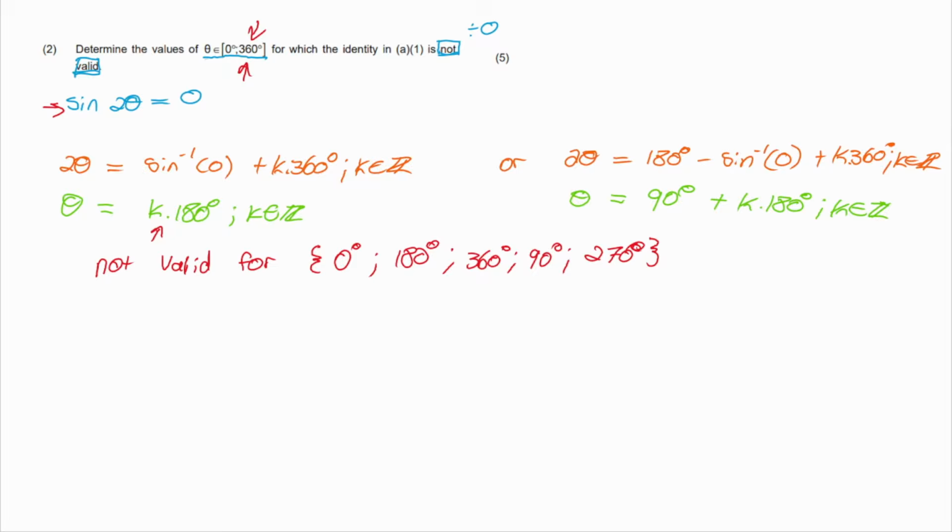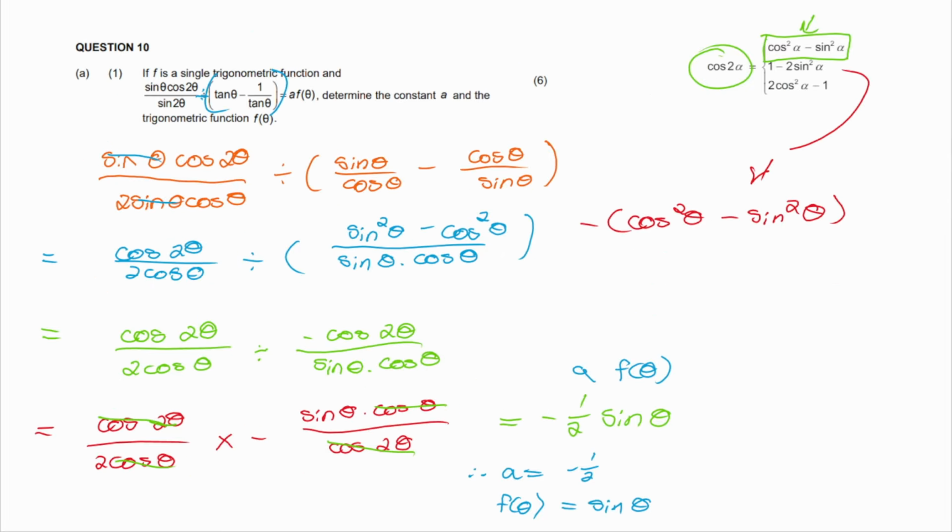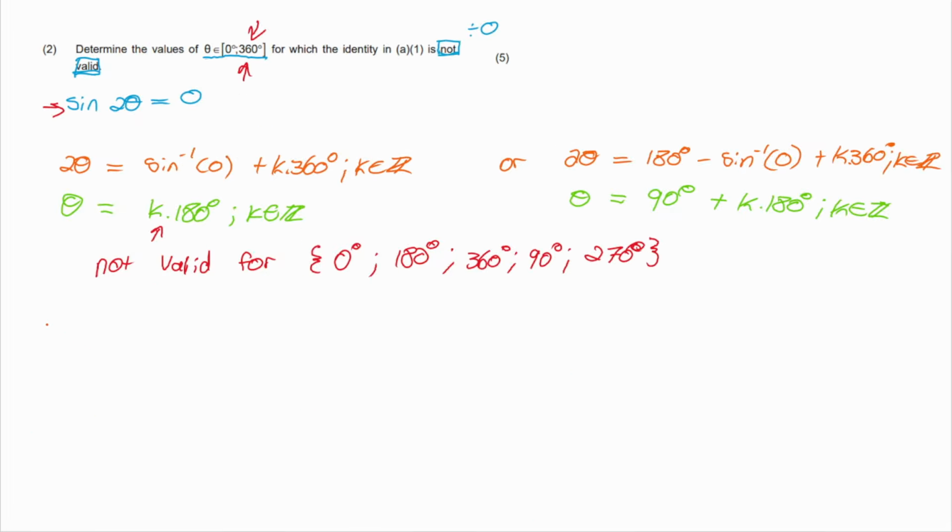Okay, but we also need to check this part again. We need to be checking where tan theta minus 1 over tan theta is equal to 0. Okay, so I can just multiply by my LCD, which is tan theta. So I'm going to be getting tan squared theta minus 1 is equal to 0.